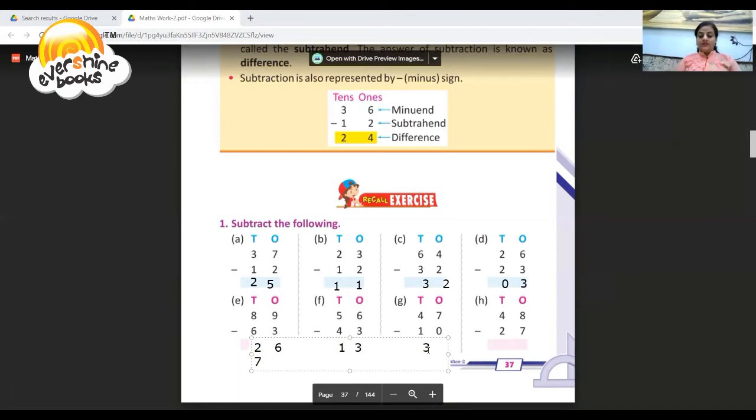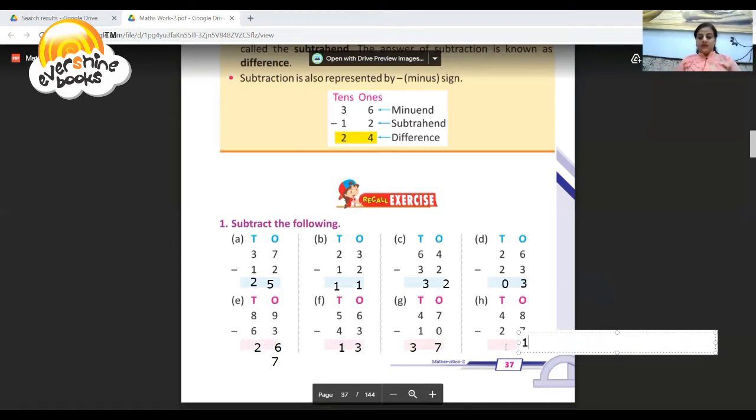So the answer is 3 and 7, 3 and 7 means 37. Yeah, like this. Next is 8 minus 7. 8 minus 7 is 1, and 4 minus 2 is 2. So the answer is 21.